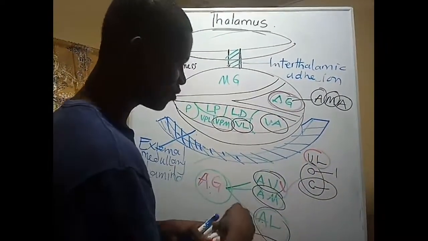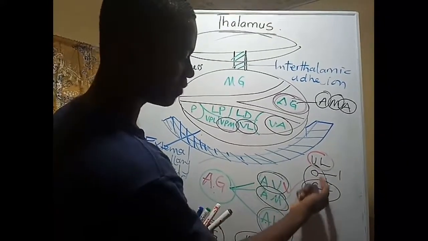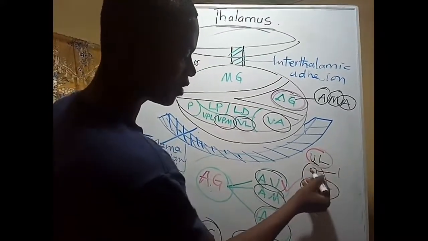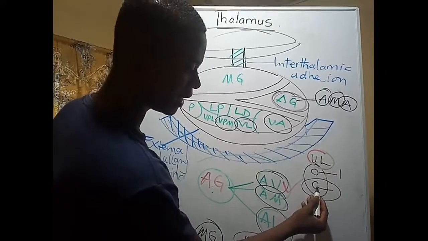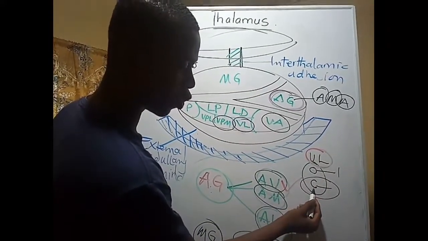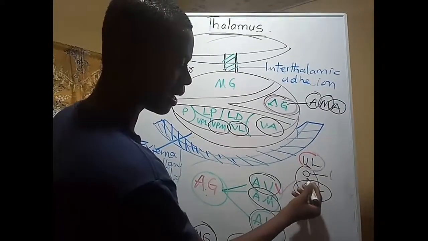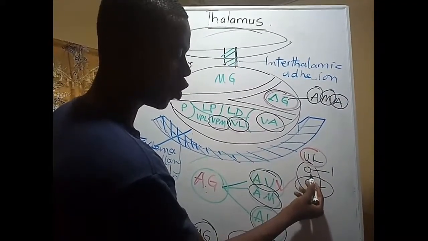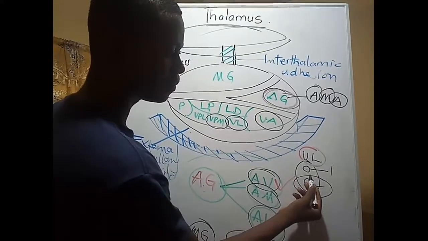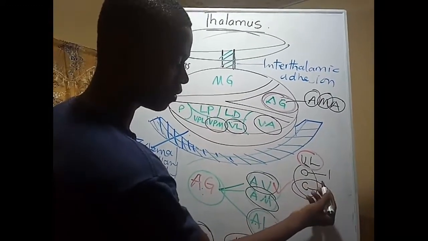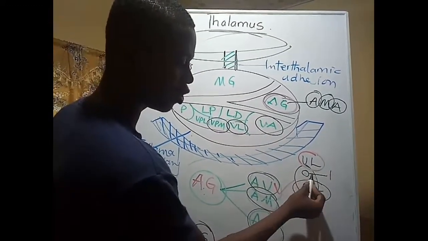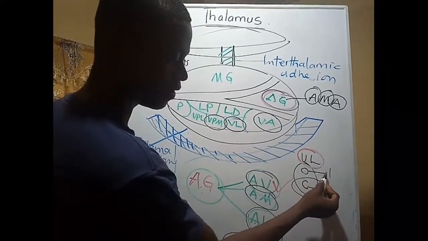Okay. So the lateral group is also made up of two nuclei. We have the ventral lateral oralis and then the ventral lateral caudalis. So O for oralis, C for caudalis. For the oralis, fibers that are coming from there are from the ipsilateral internal globus pallidus, that is of the basal ganglia.